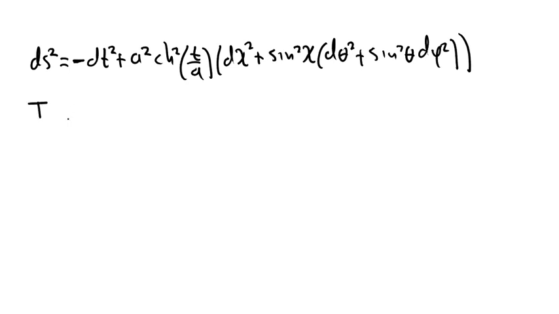We're going to do a number of coordinate transformations on this initial metric, and in the end we will obtain an expression which will allow us to read off the conformal embedding. Okay, let us start.